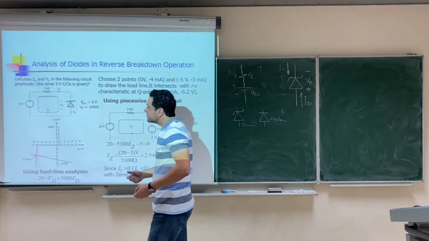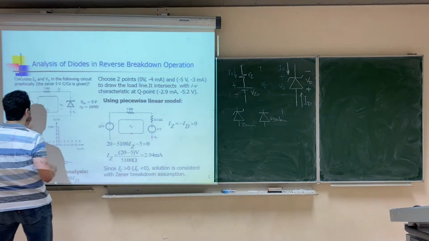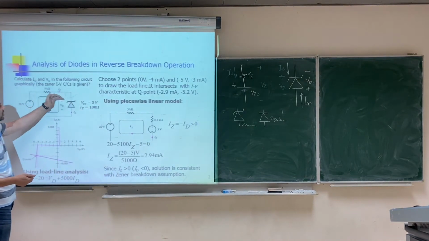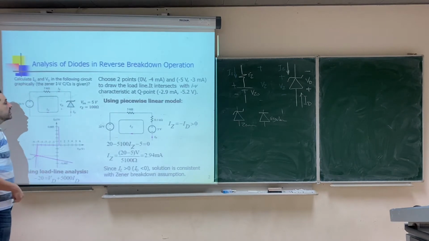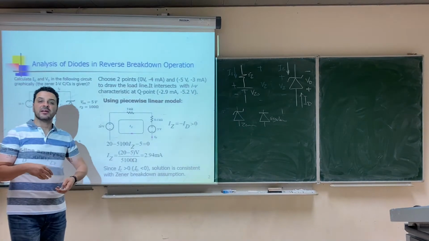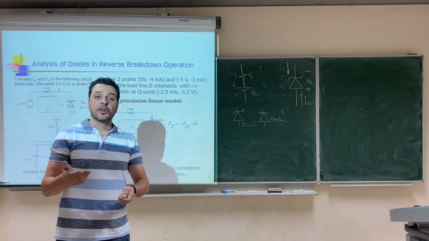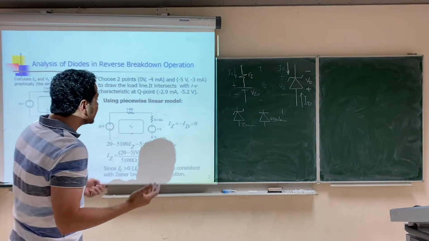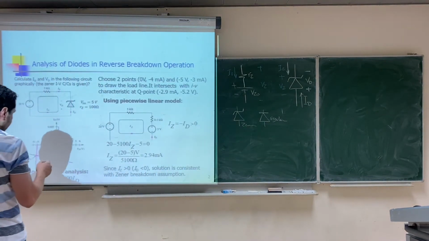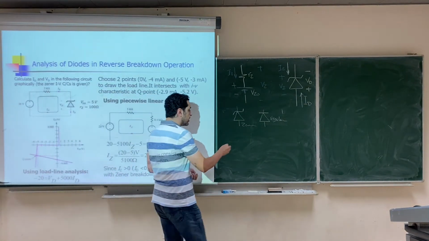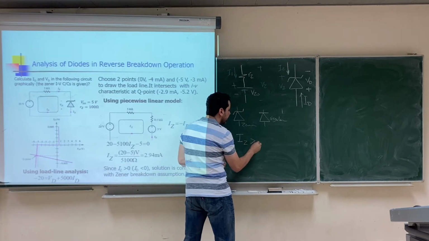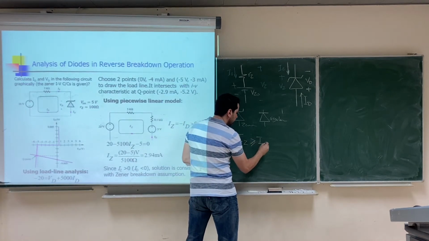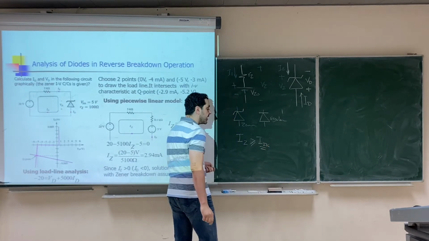Here it's kind of obvious that the source will be trying to push the current in the opposite direction. So this diode will either be reverse biased and off, or it will be in breakdown. And there is a condition for breakdown that we need to check: for breakdown, I Zener must be greater than or equal to I Zener K. This is the minimum point for breakdown.